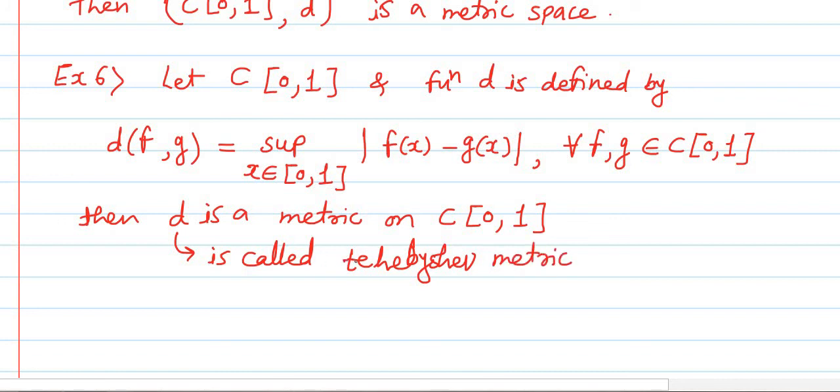Chebyshev was a Russian mathematician, so the name is given after him as the Chebyshev metric, or it is also called a supremum metric.